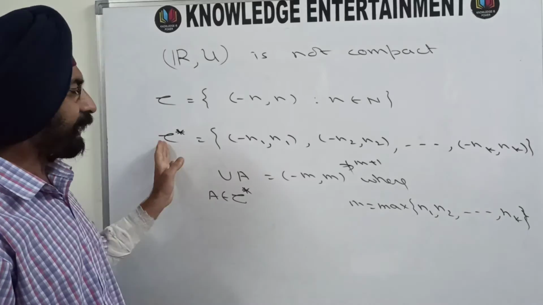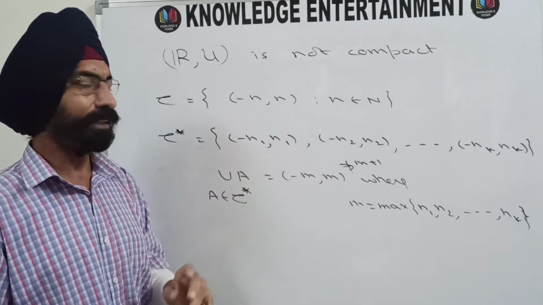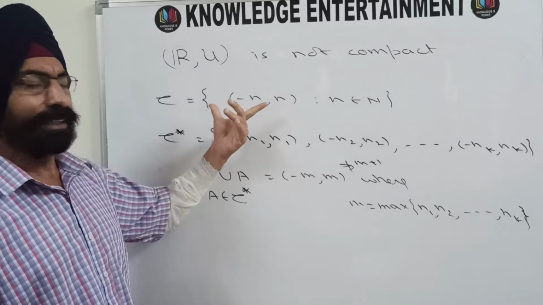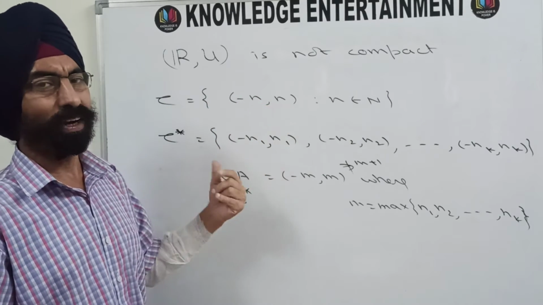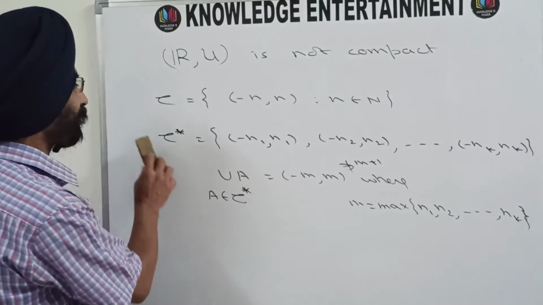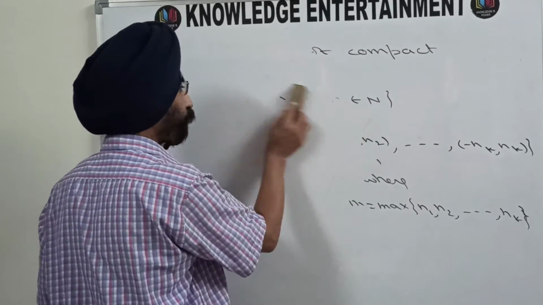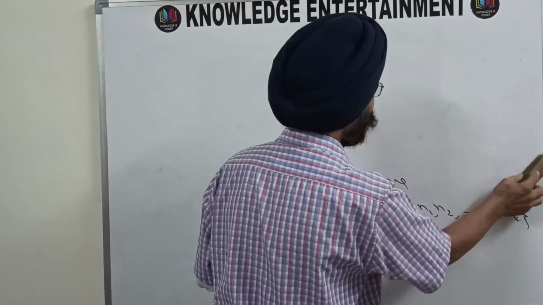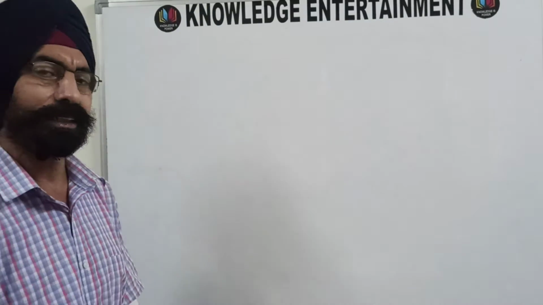So C star is only a finite subcollection, but it is not a finite subcover of C. So once again, there is an open cover which has no finite subcover. That means this topological space is also not compact. So you have proved that the set of real numbers with usual topology is not compact.